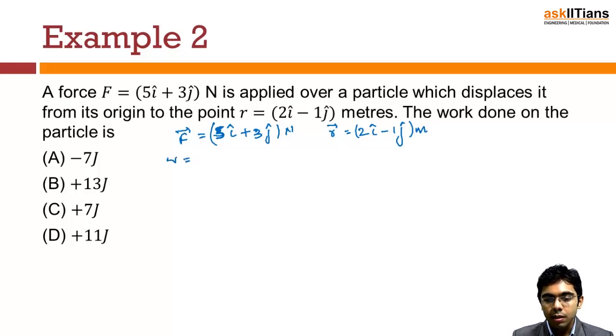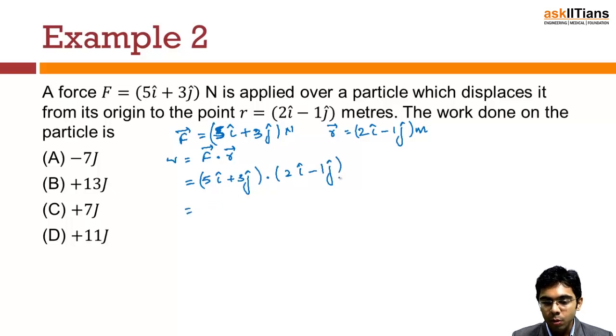Now what do we know? Since force is again a constant, work done will be equal to F dot R vector. So we can write 5 i cap plus 3 j cap dot 2 i cap minus 1 j cap. We know that i cap dot i cap is 1 and i cap dot j cap is equal to 0.